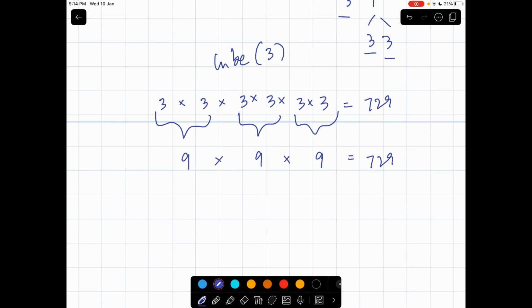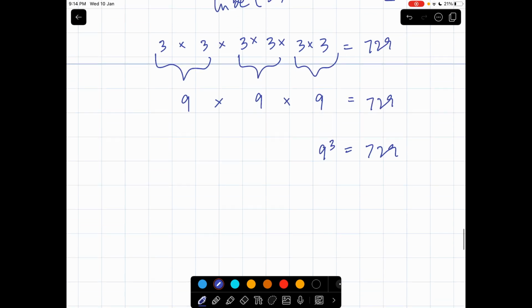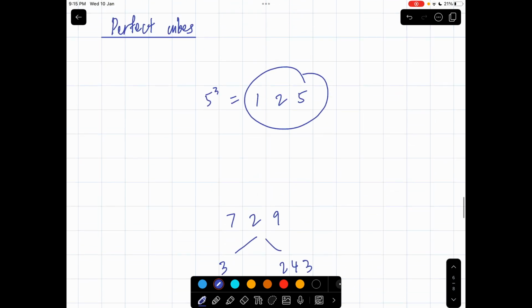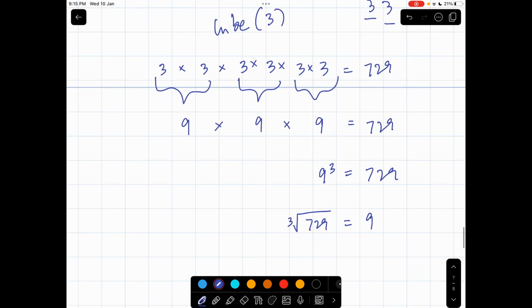Let's move on. 9 times 9 times 9 is equivalent to 729. This 9 times 9 times 9 can be written as 9 cubed equals 729. So the moral of this story: the cube root of 729 is 9. That's about it. So this is perfect cubes.